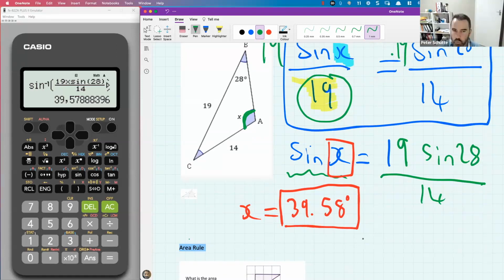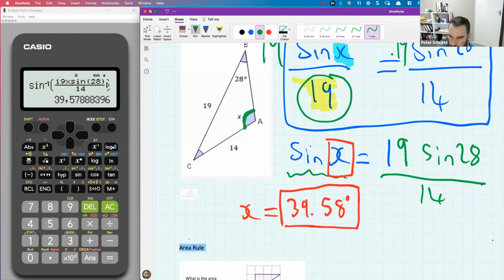When you use the sine rule and you're solving for an angle, in some situations there are two possible answers. The reason is that the sine of x is also equal to the sine of 180 minus x.